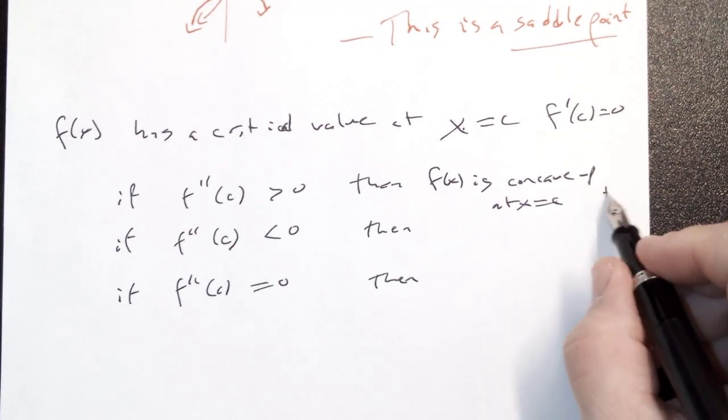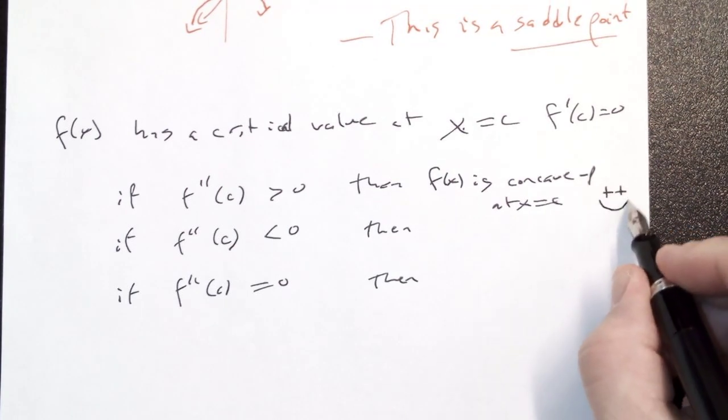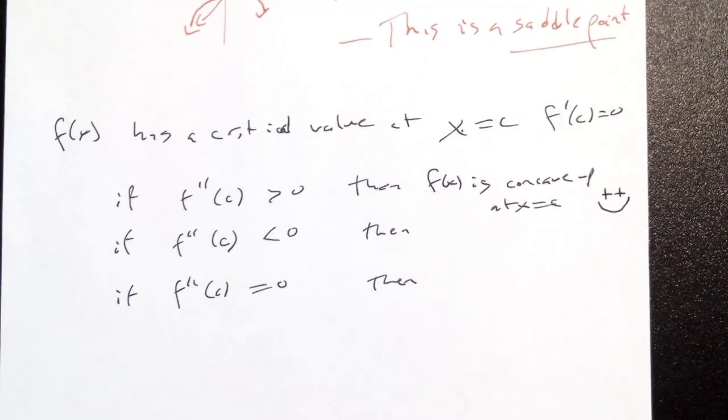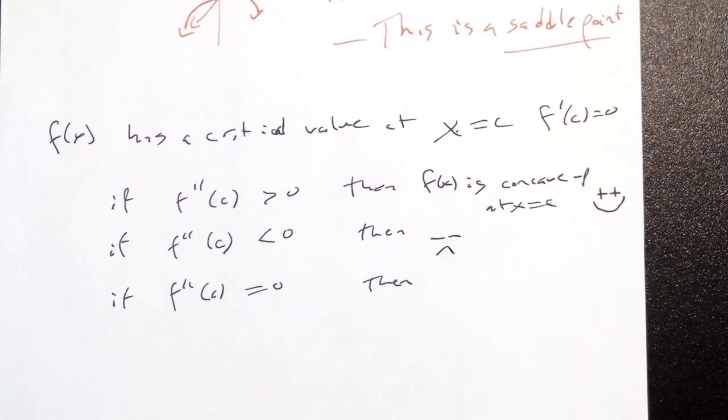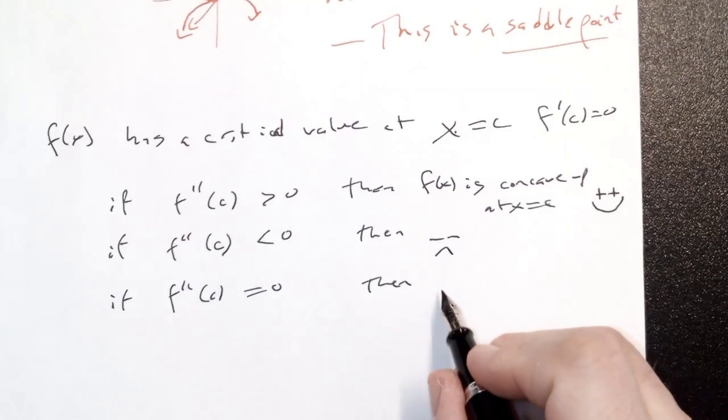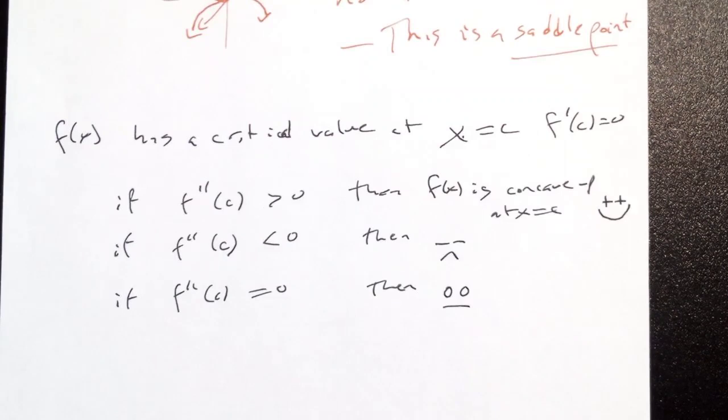If my second derivative is positive, my graph is concave up. Second derivative is negative, my graph is concave down. And if my second derivative is 0, I don't have any concavity. I'm flat. Or I just don't know if it's concave up or concave down.